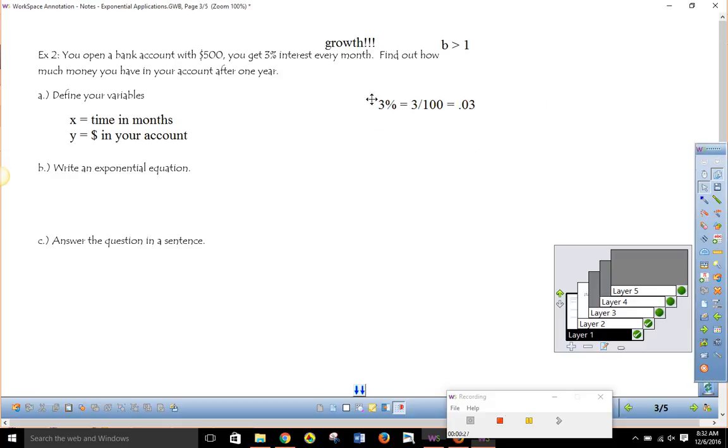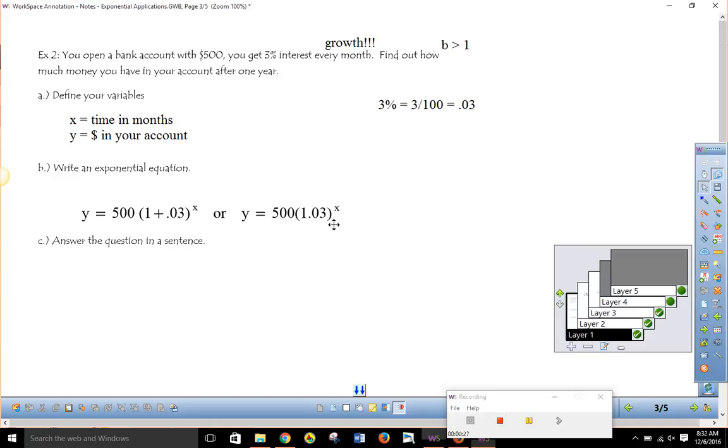Alright? And you're going to take this value and you're actually going to add it to 1. So my starting value is 500, and then I'm going to do 1 plus my 3%, because I want everything that I already had. I want that total from before, and since it was my total, it was all 100%, and I want an additional 3% after that month.